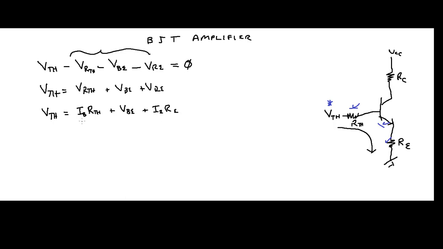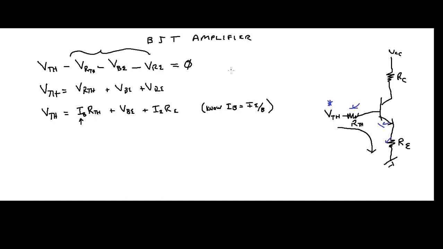Now, I'm going to make a change here for this variable, okay? Because we know, let me write it over here, we know IB is basically going to be equal to IE divided by beta.